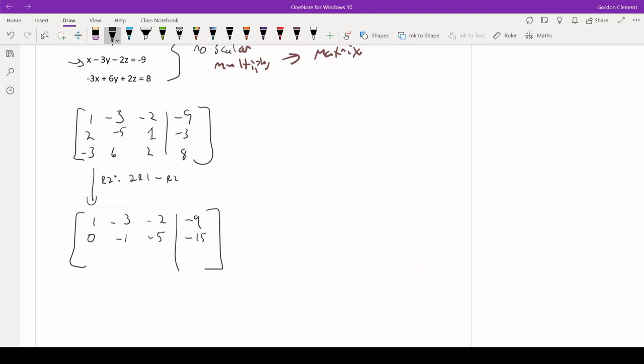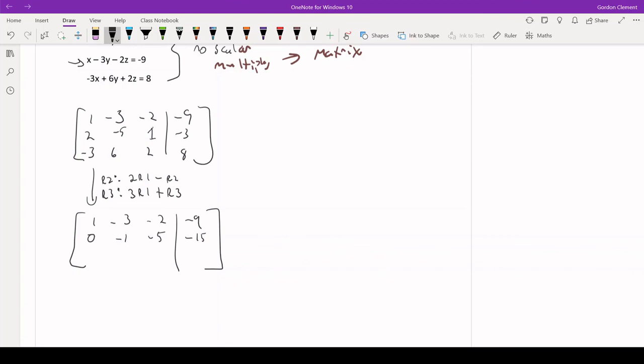Now, to save myself writing out the matrix again, I can do the same thing with row 3, as long as I don't use row 2, because I've changed row 2 now. We're just going to use row 1 again. I will do 3 times row 1 to make it match, but since the bottom's negative, I'll add row 3 to make my 0. That's how I might handle that one.